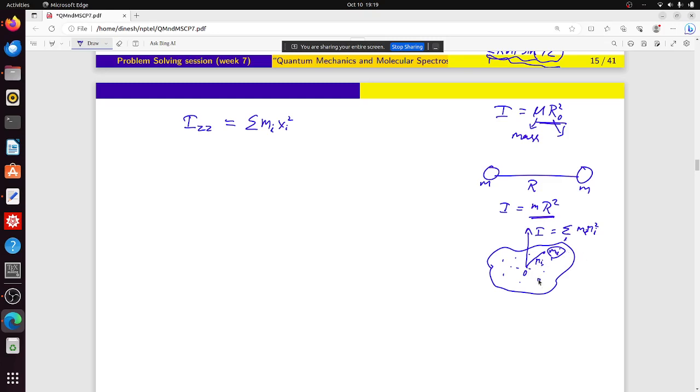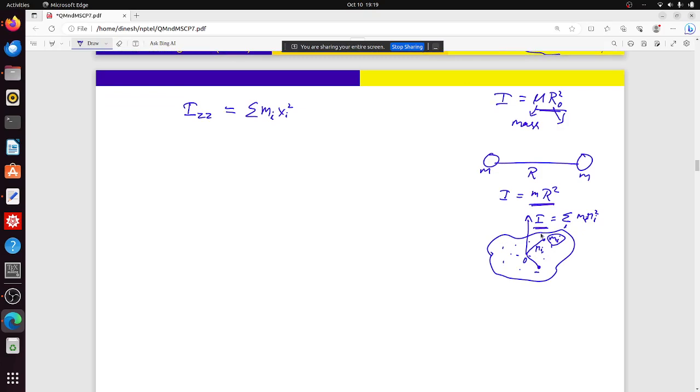Similarly there will be some other mass at some other point, right? So the total moment of inertia will be the sum over all the particles in the system, right? If it is a stone and you want to calculate its moment of inertia, you have to consider all the particles distributed in the stone and their relative positions from the point of reference.